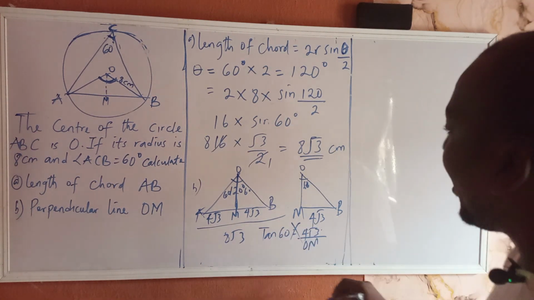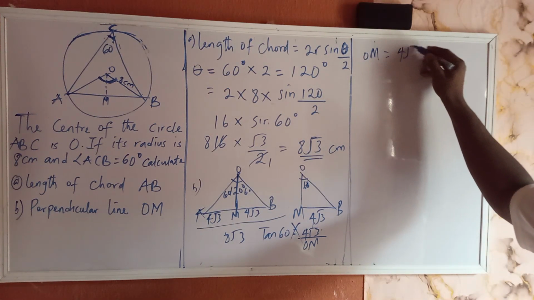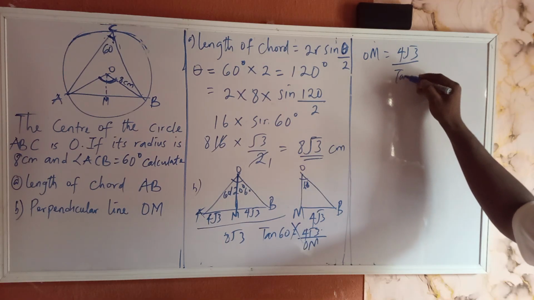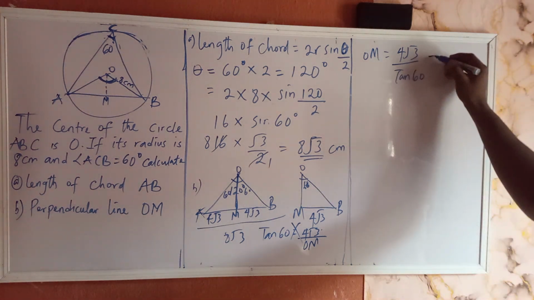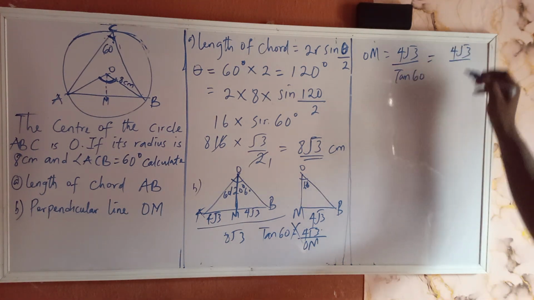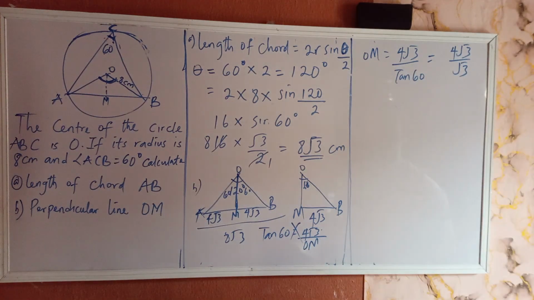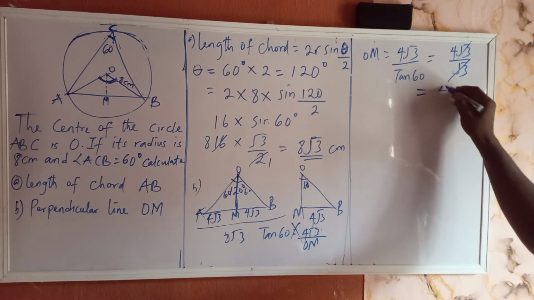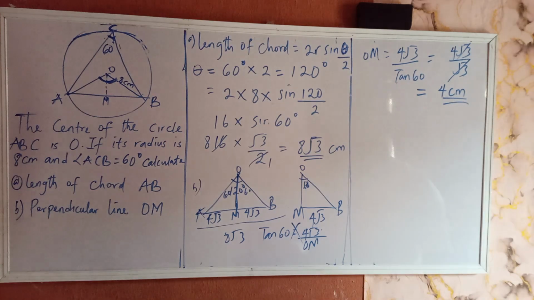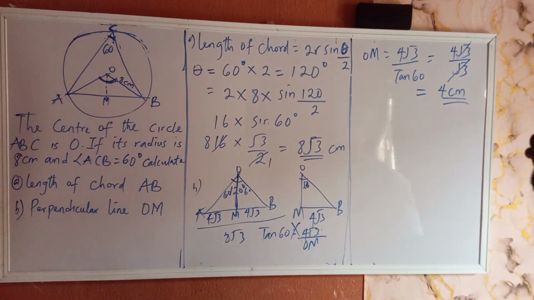So cross multiplying, OM is 4 root 3 divided by tan 60. Tan 60 is root 3. If you divide it, OM equals 4 centimeters.